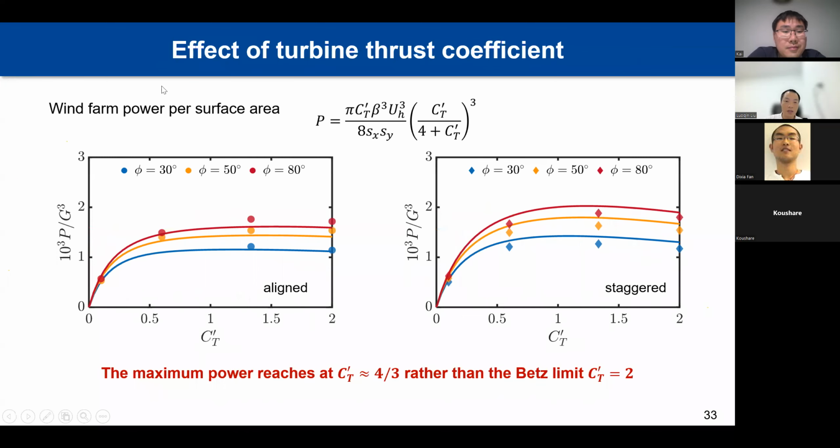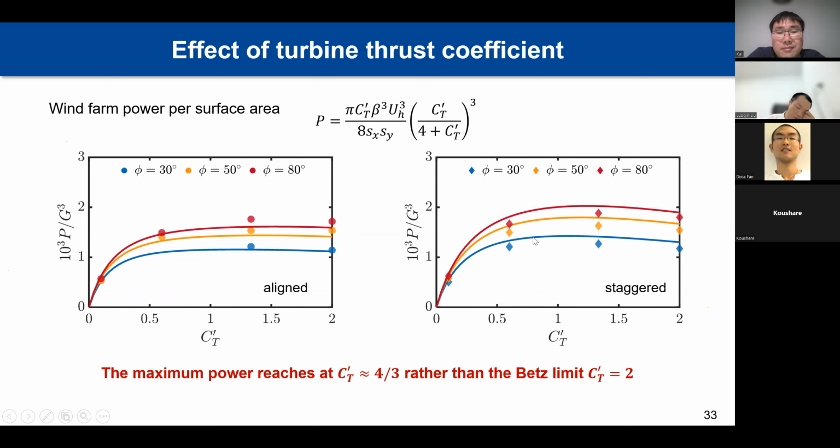Then we can also use the model to study the effect of turbine thrust coefficient. Here we show clearly that for both aligned and staggered cases, the power output will first increase as CD prime increases, and then reduce slightly as CD prime continues to increase.